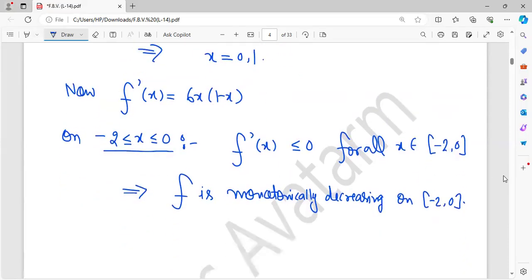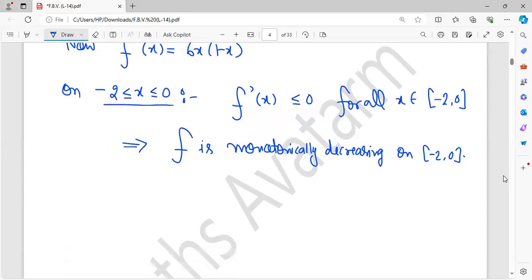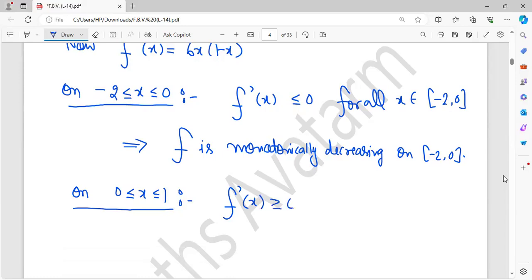Now what about the interval 0 to 1? What is the derivative? The derivative is non-negative for all x belonging to 0 to 1.